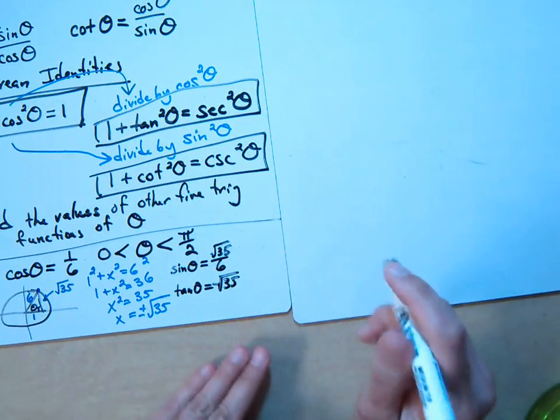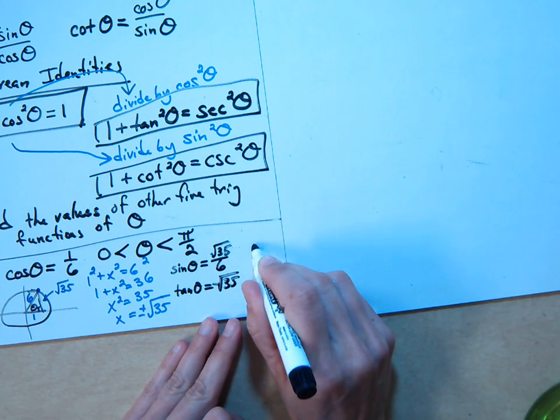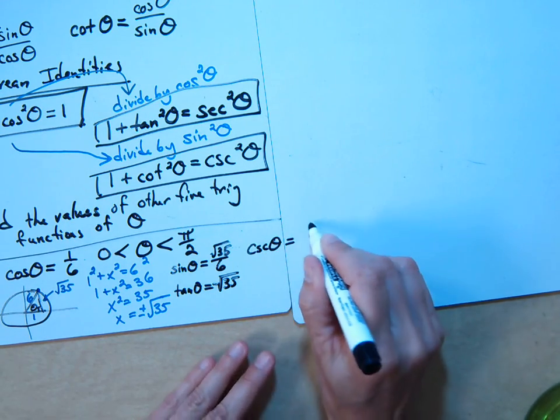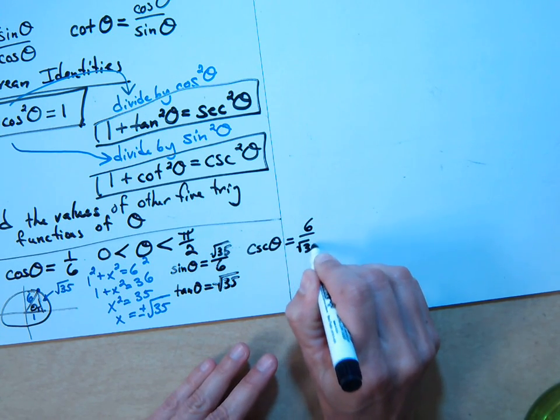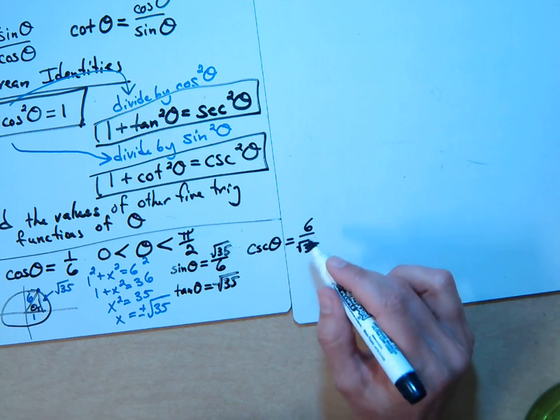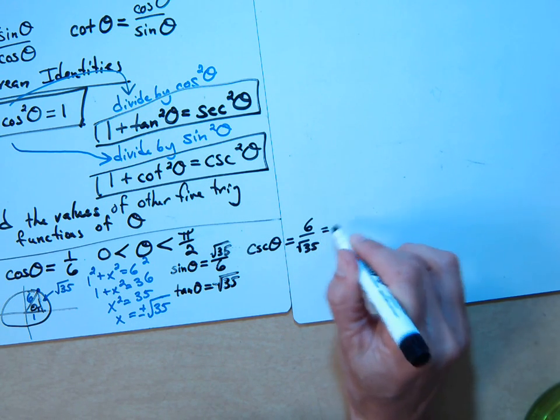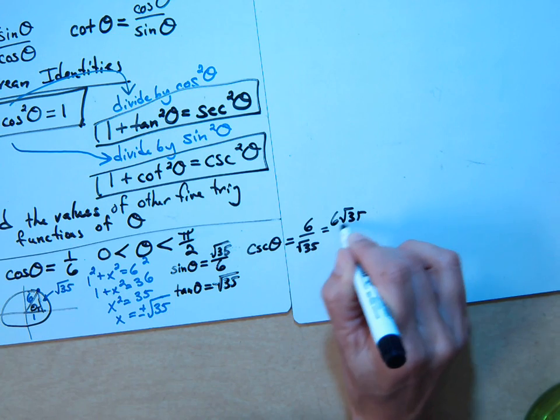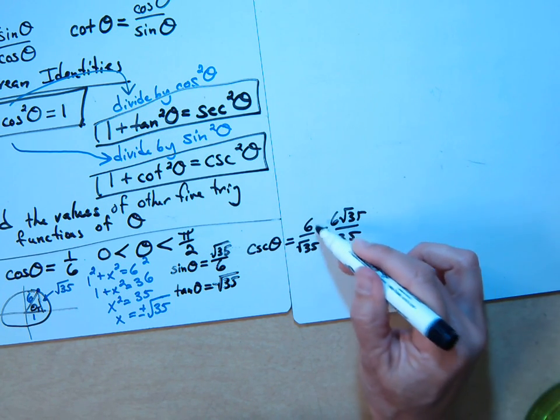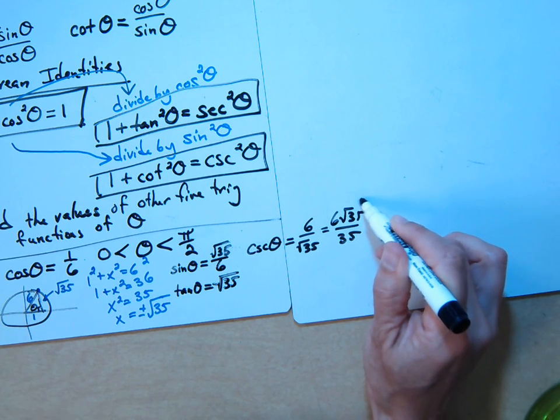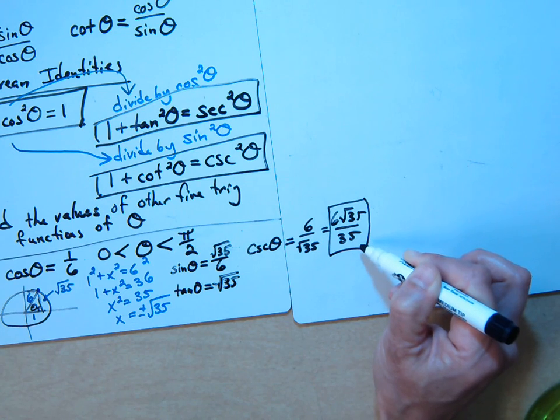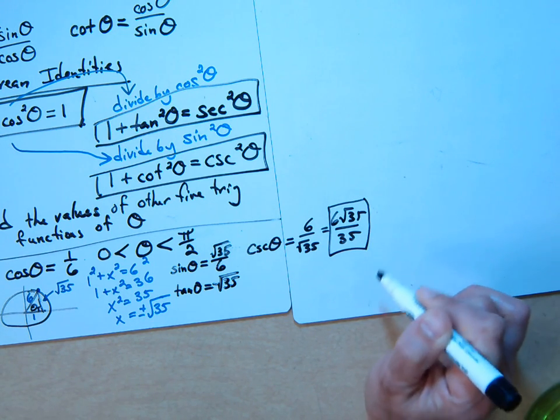And now we have the cosecant of theta equals 6 over root 35, right? But we need to rationalize. What do we multiply by to rationalize the denominator? Good. So it's 6 root 35 over 35, if you multiply the numerator and denominator by root 35. And that does not simplify because nothing divides evenly into 6 and 35. So we leave it like that.